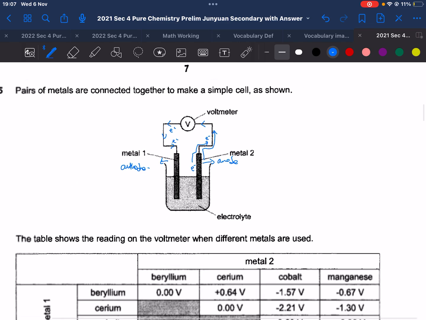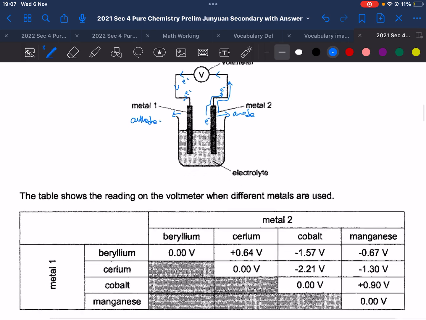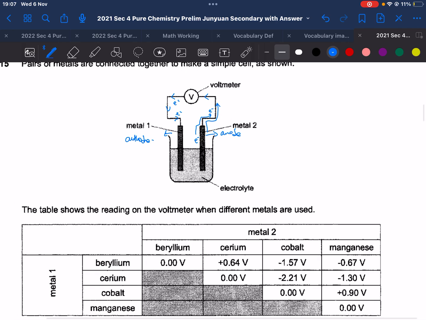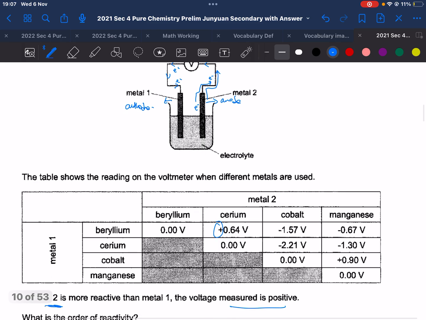Again, we see that cerium is more reactive than beryllium, because it's positive. Remember, they said that if metal 2 is more reactive than metal 1, the voltage measured is positive. So cerium will be the most reactive one, followed by cobalt.